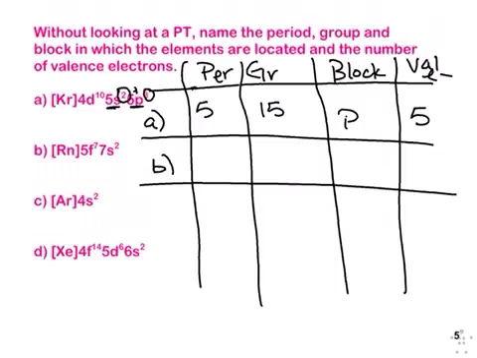Letter B here. What period are we in? Look at your last one right here. 7. Let's look at the block first. Maybe that'll help. What block are we in? Nope.